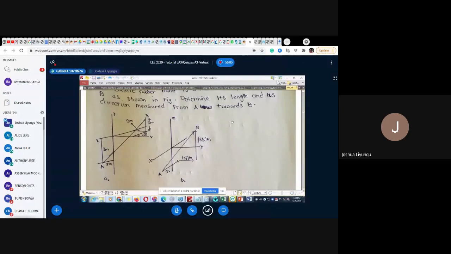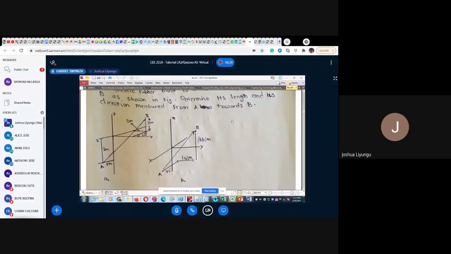By subtracting the position where we're going to, minus where we're coming from. When you put them in Cartesian form, A minus B, not B minus A. Oh, B minus A. I'm sorry, sir. B minus A. Sorry.